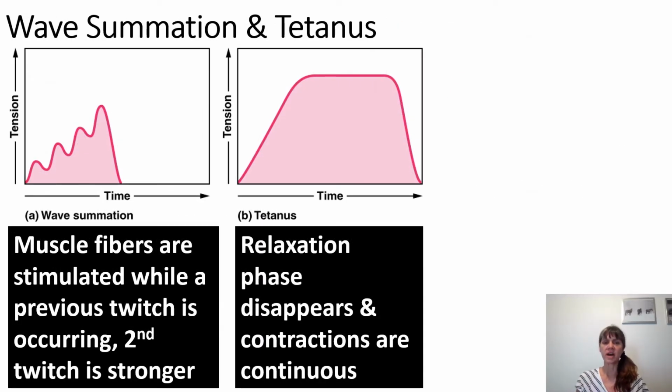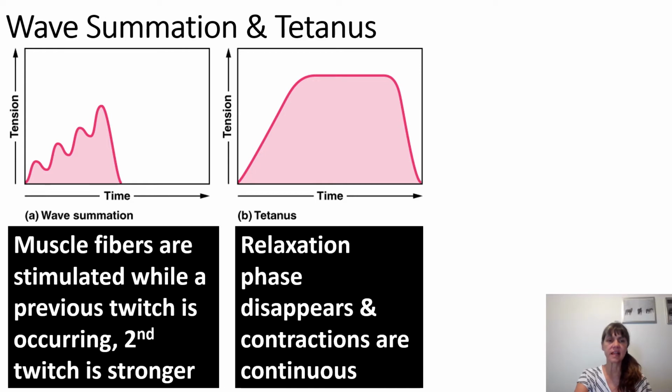If a muscle fiber is stimulated while a previous twitch is already occurring, then we see a phenomenon where the second contraction or twitch is going to be stronger, and that's something known as wave summation.